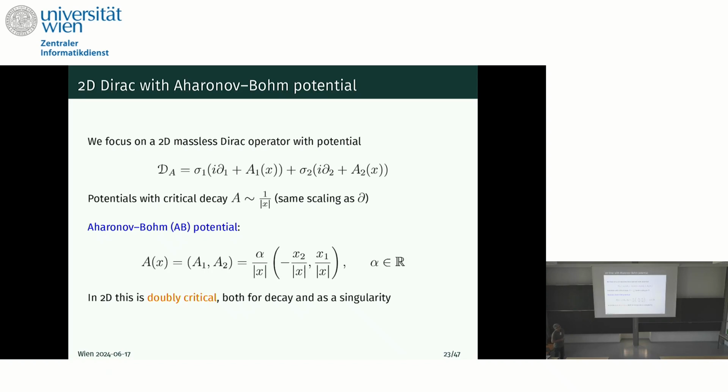So there is some structure, of course. The scaling is exactly the same as D, so this is critical both from the point of view of decay and from the point of view of the singularity. So in some sense, this should give some hint at what's going on at the critical case. I repeat, this is not substantiated by existing results, but this should be the most critical case.